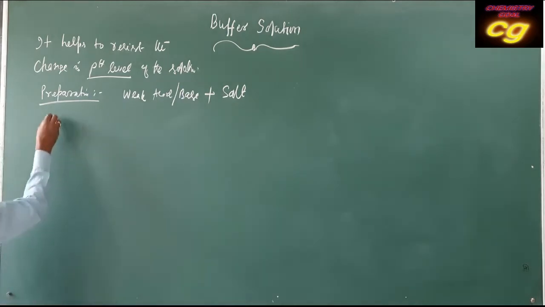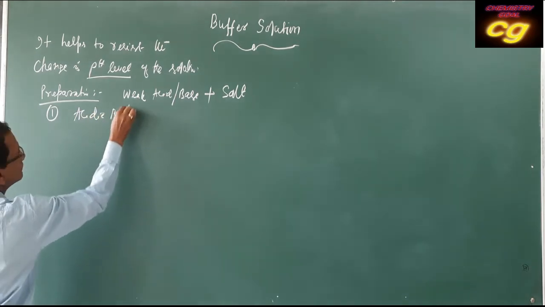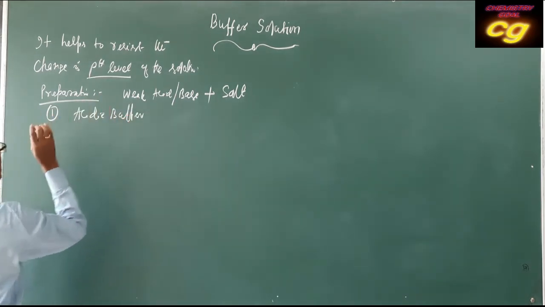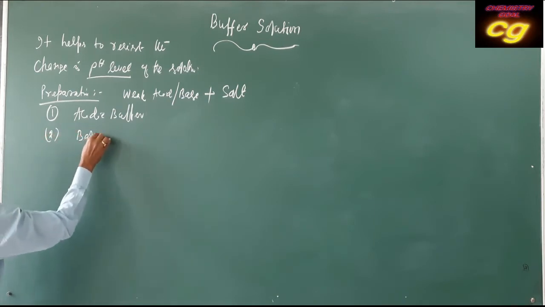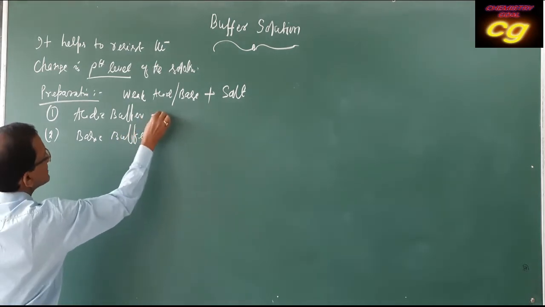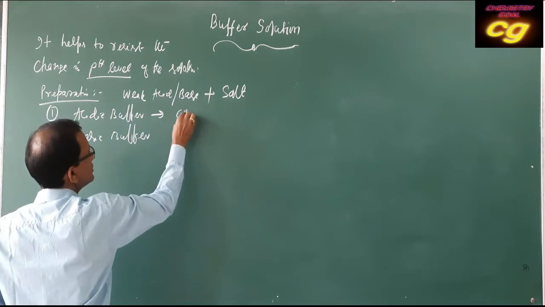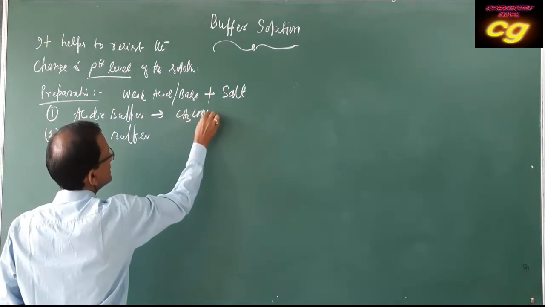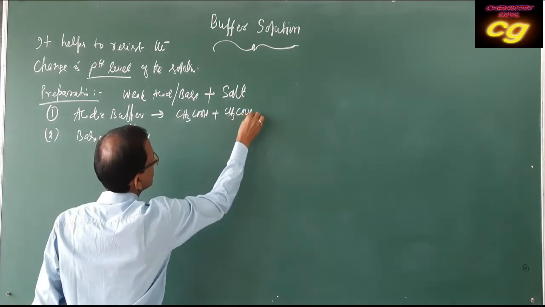There are two types of buffer. One is acidic buffer, and the second one is basic buffer. For acidic buffer, an example is acetic acid, which is a weak acid, and its salt, let it be sodium acetate.